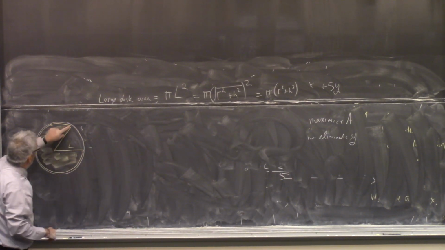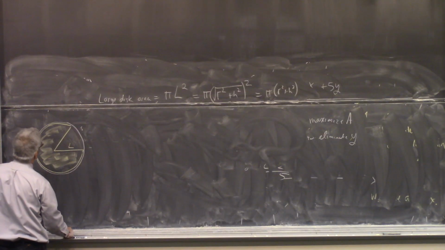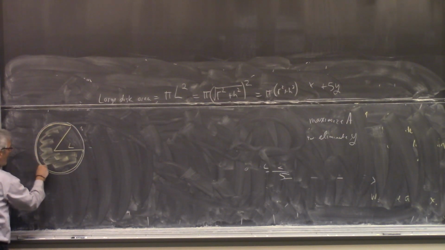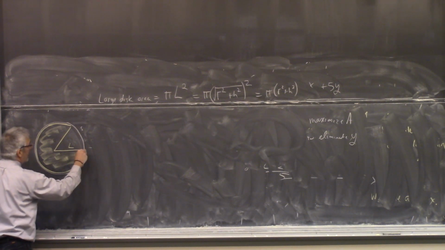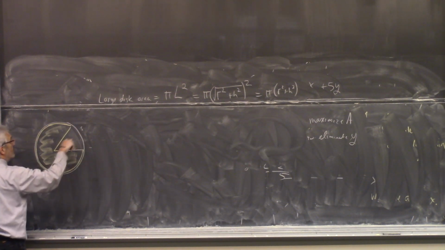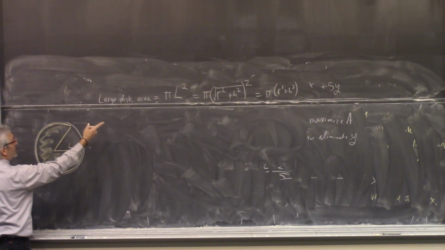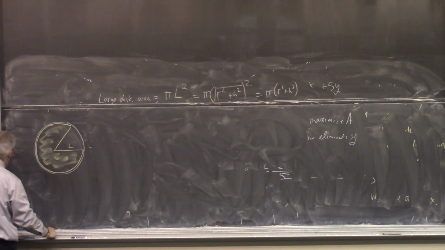So if I can figure out this length and how it compares to the circumference of the whole circle, that will give me a proportion that tells me how much of that area I have here. I hope that makes sense.